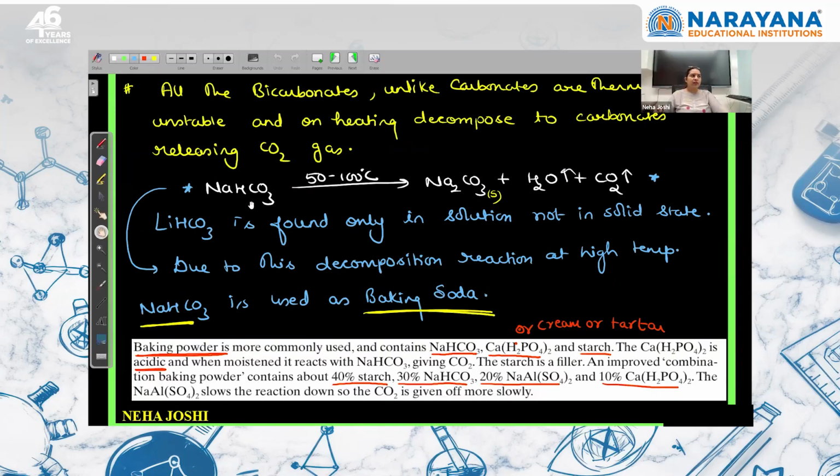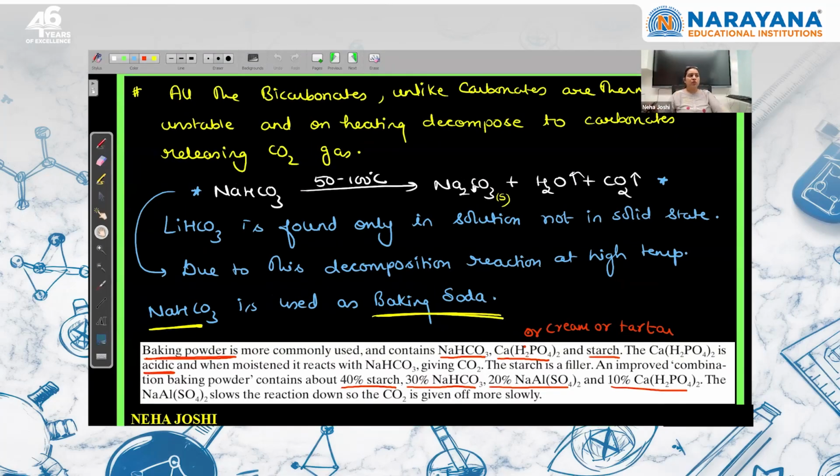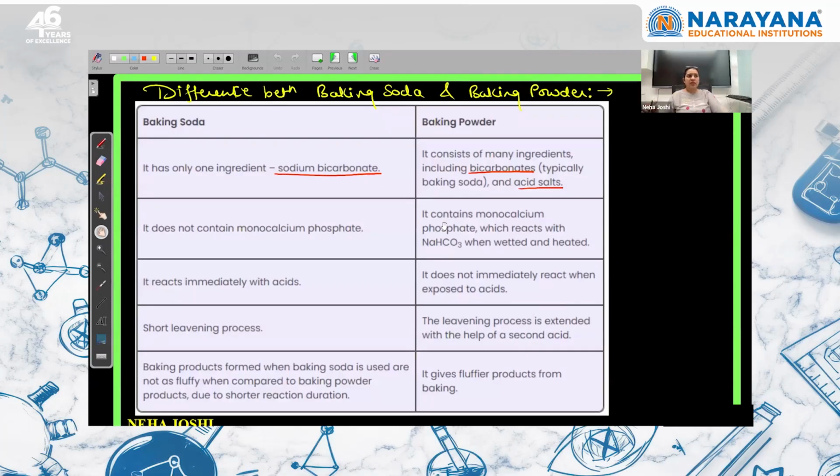So moving further, NaHCO3 is used as baking soda. Okay? Now baking soda is just NaHCO3. Yeah. But baking powder has some other components to neutralize the alkaline pH created by the sodium part. Okay, so we have baking powder and baking soda, the difference is mentioned here.